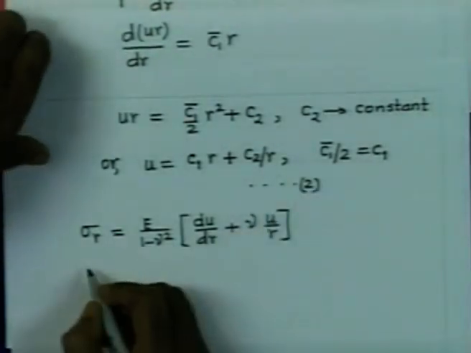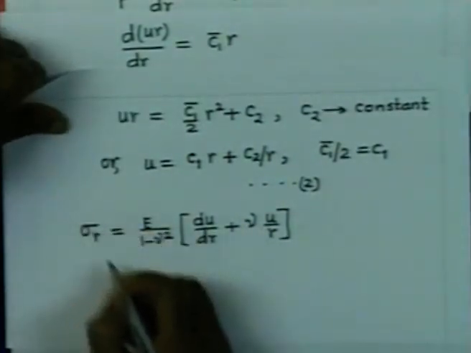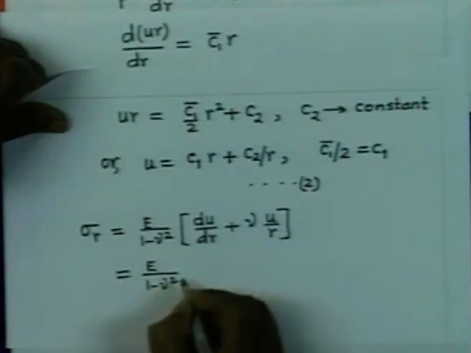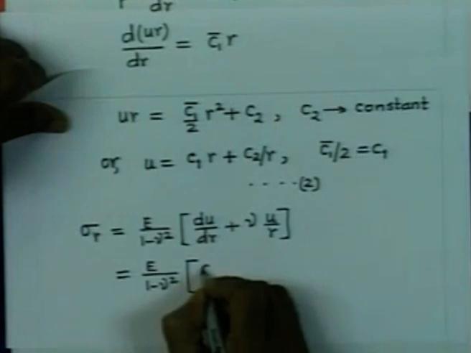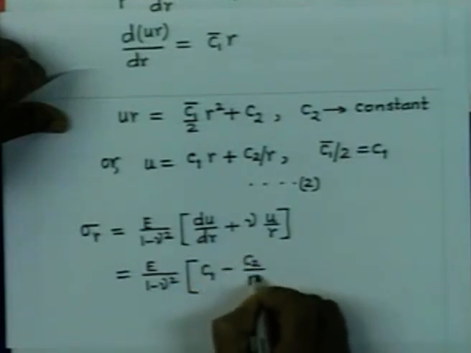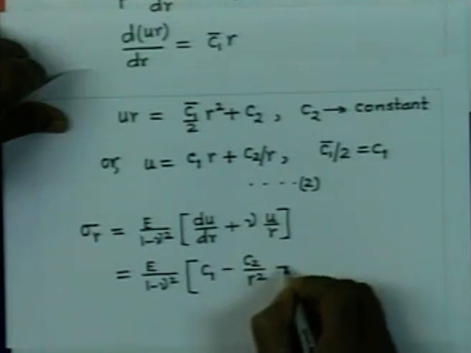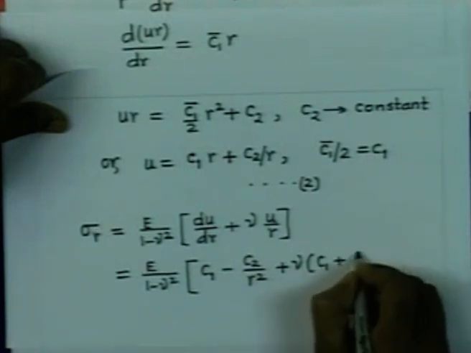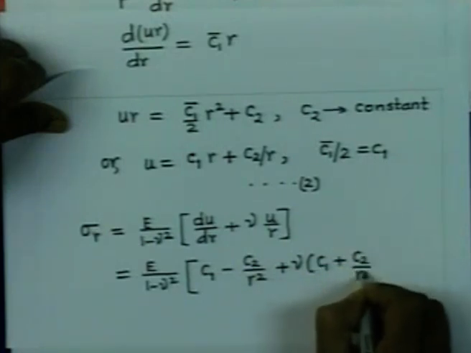If we now consider substitution, it gives us E by 1 minus nu square, C1 minus C2 by r square plus nu times C1 plus C2 by r square.